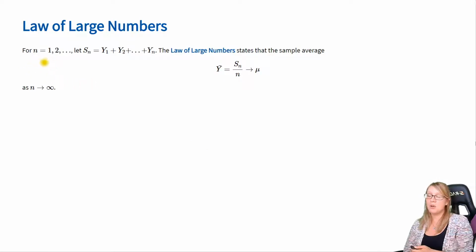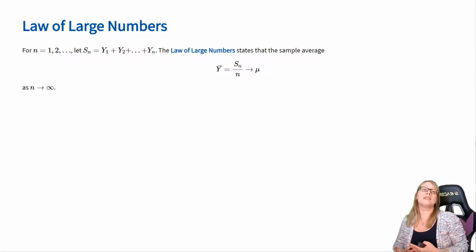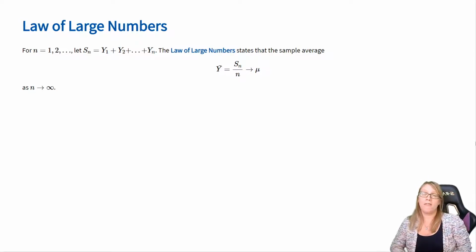We'll start with n equals 1, n equals 2, etc. I'm going to define a variable S sub n as the sum of the observed values in my sample. So S sub 1 is just y1 alone, S sub 2 is y1 plus y2, S sub n is y1 plus y2 all the way up through yn.